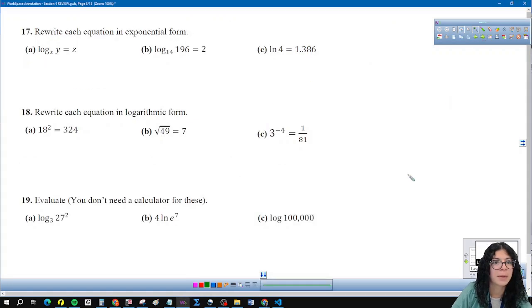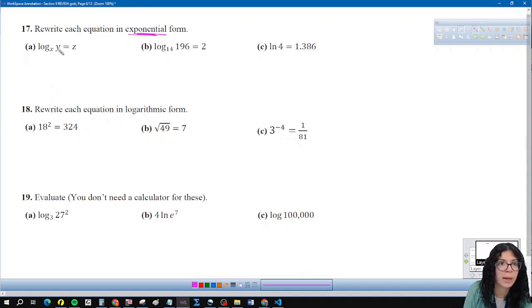Okie dokie. Number 17, they want us to go ahead and rewrite the equation in exponential form. So that's the little song and dance. The base of the log becomes the base of the exponent, and then the log number and the result switch. So z goes to the power, y goes to the other side.